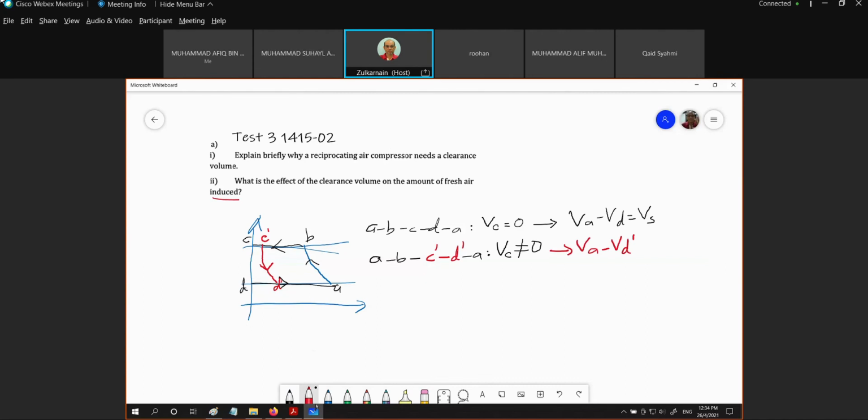It will decrease. Where we find that VA minus VD prime is less than VA minus VD. So what happened to the volume? The induced volume will decrease. Right? So that is for part A.